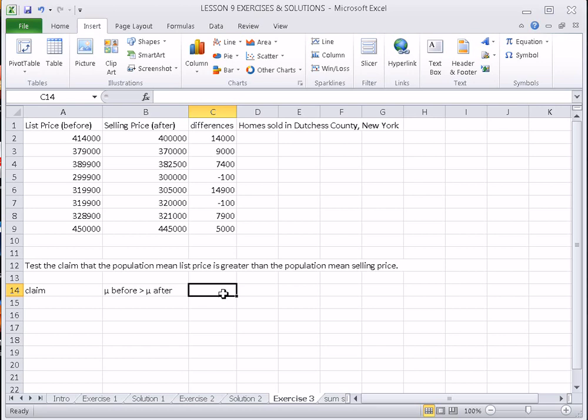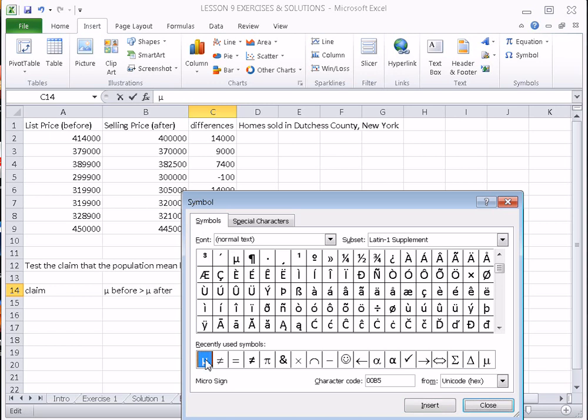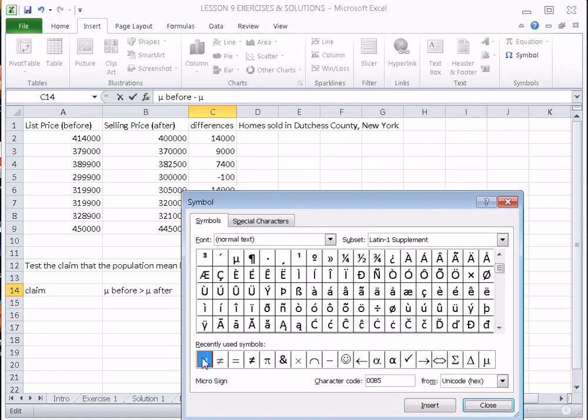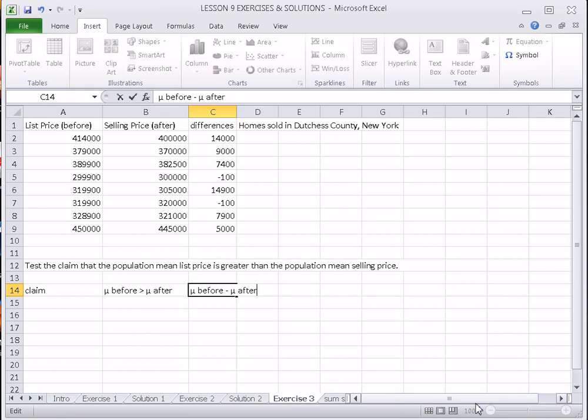Notice this is equivalent to rewriting it as a difference: mu before minus mu after is greater than 0. So the claim that the list price is greater than the selling price is equivalent to the claim that the difference of before minus after, or list price minus selling price, is positive. It's greater than 0. That is the claim.